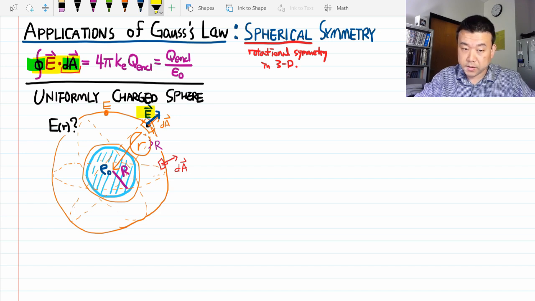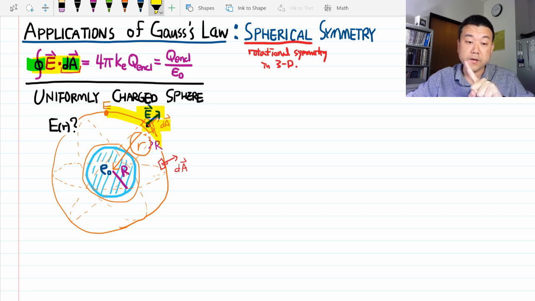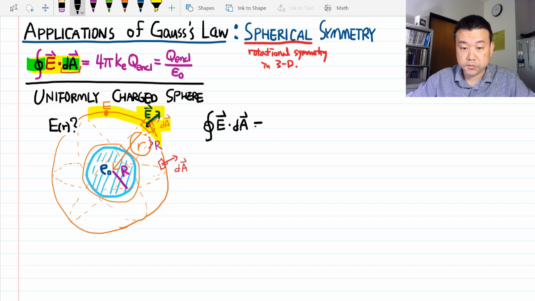So the argument that I sketched out here, the combination of two things, that the magnitude of the electric field must be constant over this entire surface, and moreover, that the electric field must be parallel to the area element dA, simplifies this integral a lot. Let's see. We have E dot dA, but we know the electric field is always parallel to dA. So this dot product becomes just a product of the two magnitudes, E and dA.